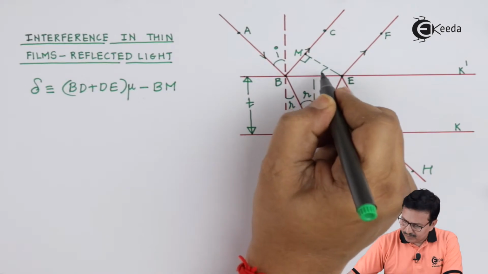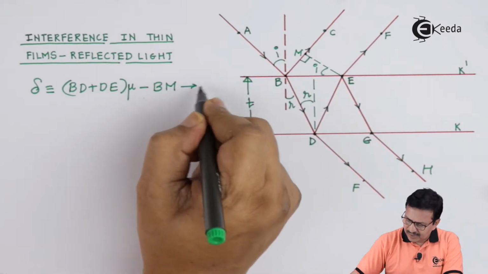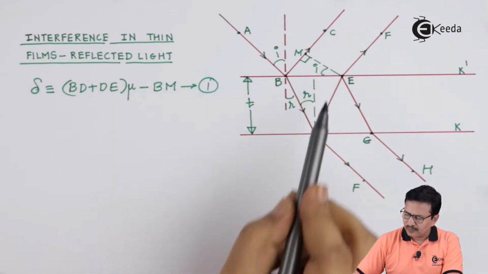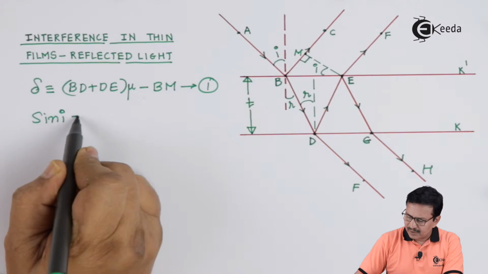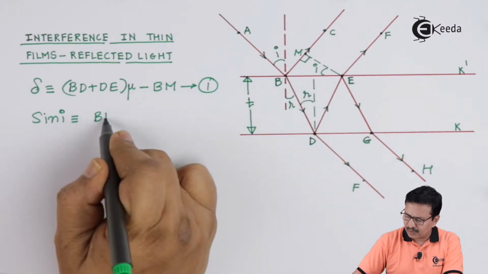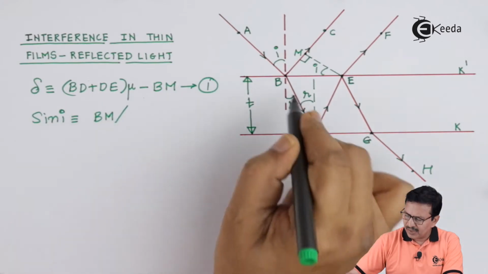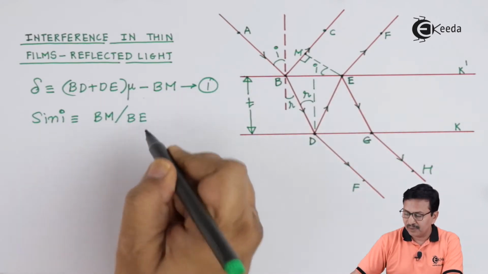For BM, from geometry, this is going to be equal to BE sine i. Let us mark this as expression 1. Now sine i is going to be equal to the opposite side BM divided by the hypotenuse BE.